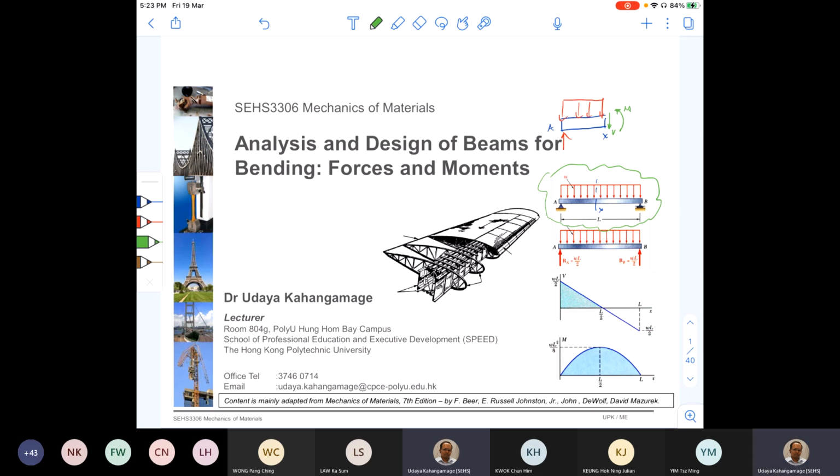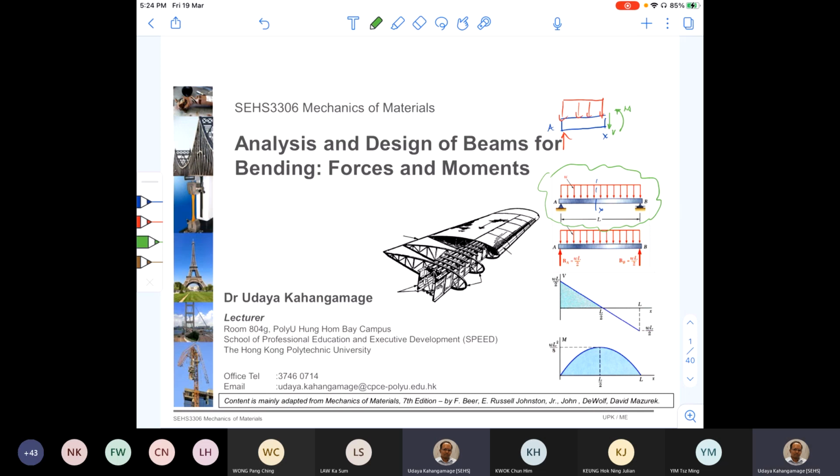So when it comes to designing this member, we need to know where the maximum stress is. We know that maximum stress is going to happen in the outer surface of this beam, right? But at what location along AB?